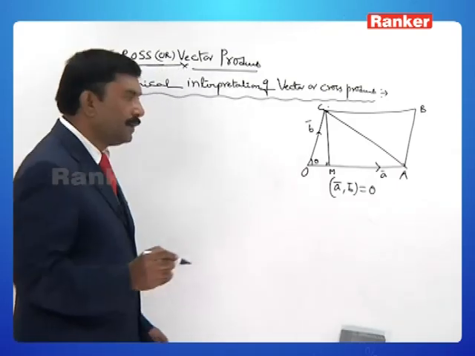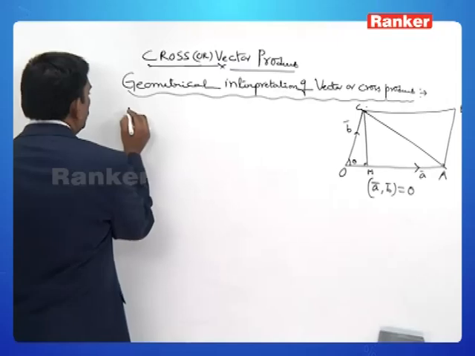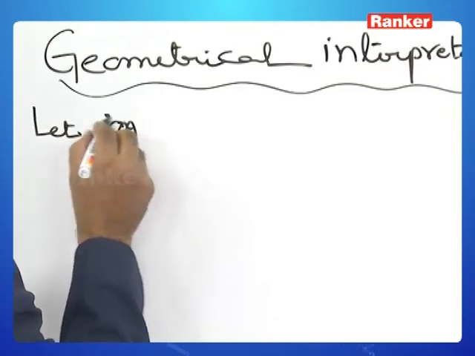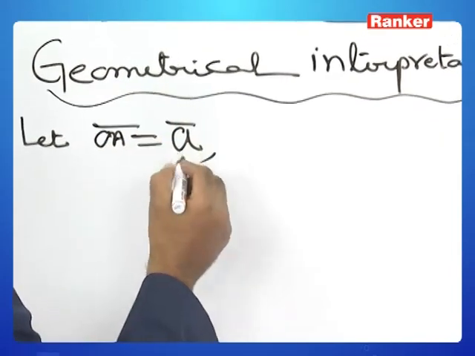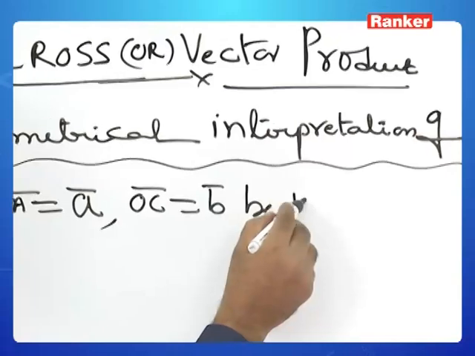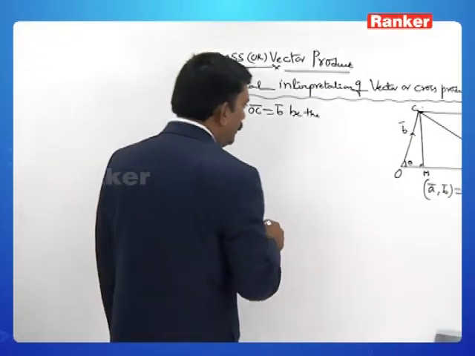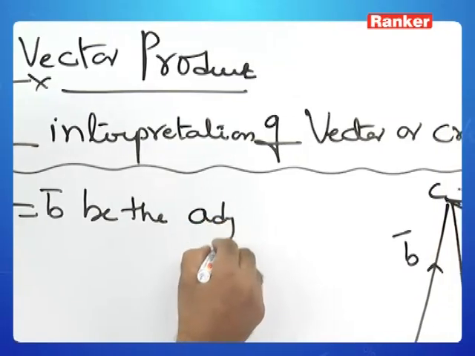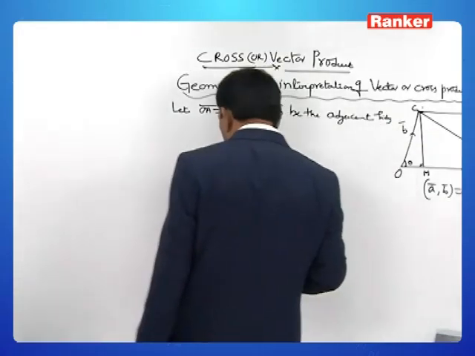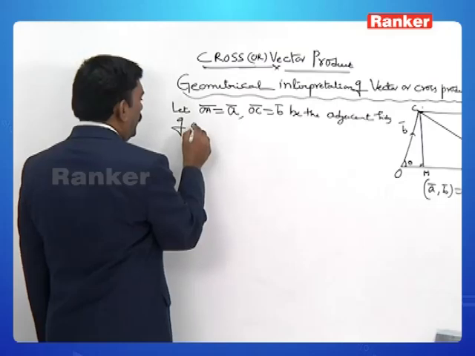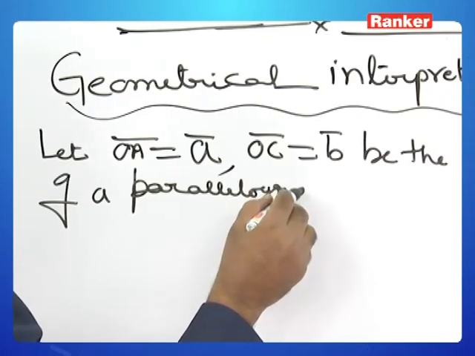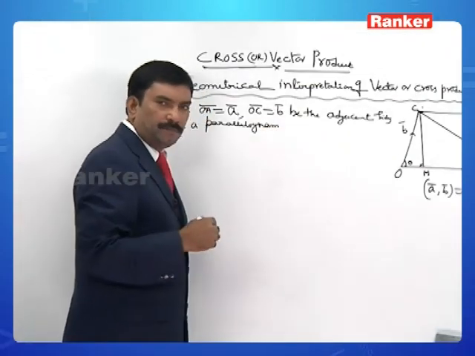So therefore, let OA bar is equal to A bar, OC bar is equal to B bar, be the adjacent sides of a parallelogram.